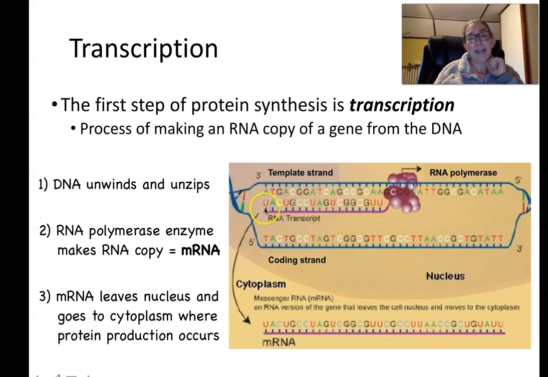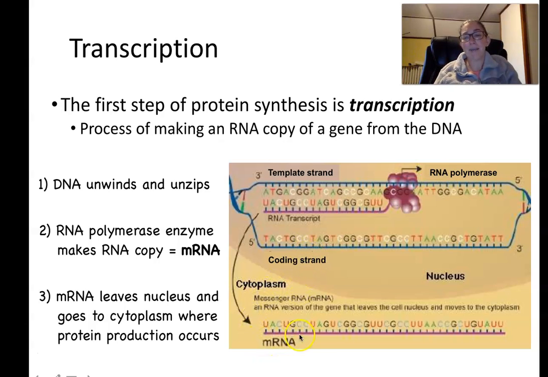You'll notice that these RNA bases are complementary to the ones in the DNA, but wherever there's a T in the coding strand, there's a U in the RNA transcript. So remember, RNA uses uracil, whereas DNA uses thymine.